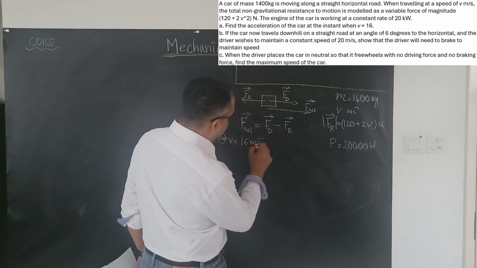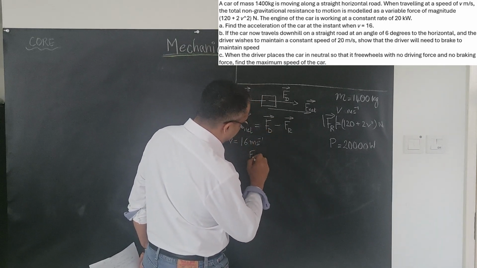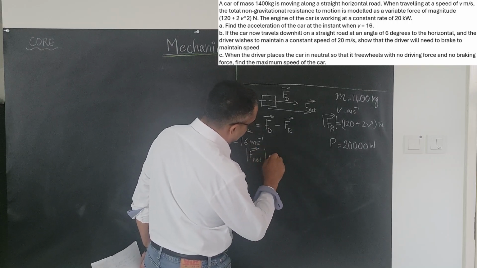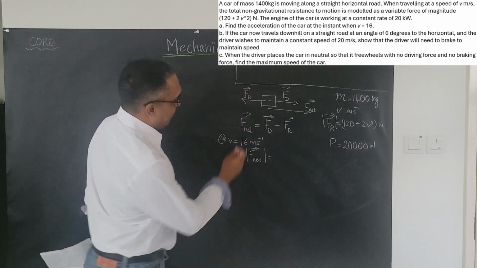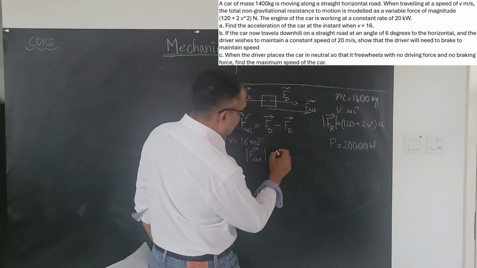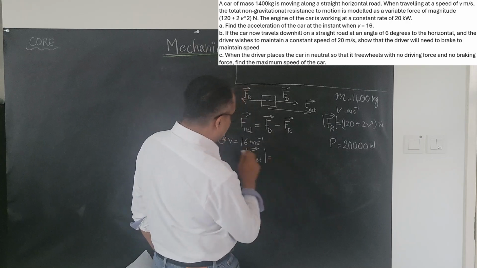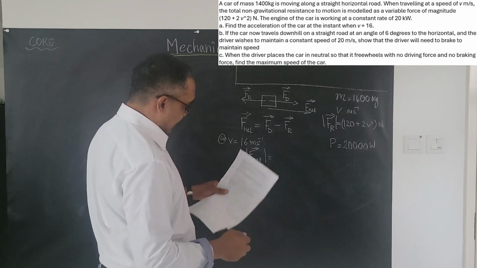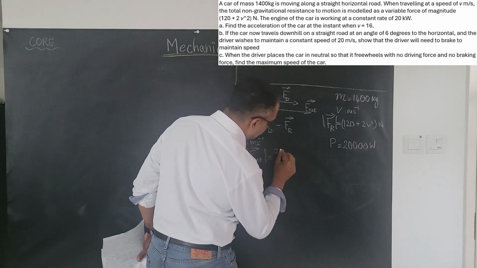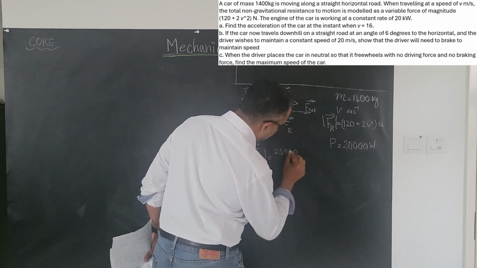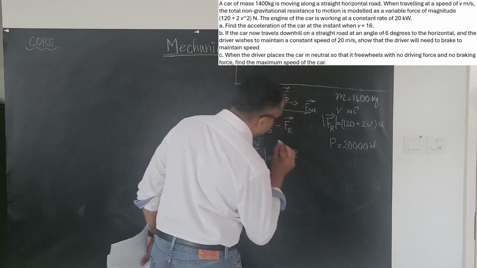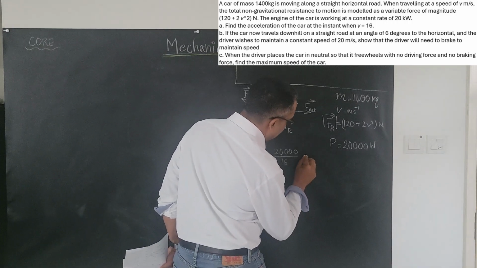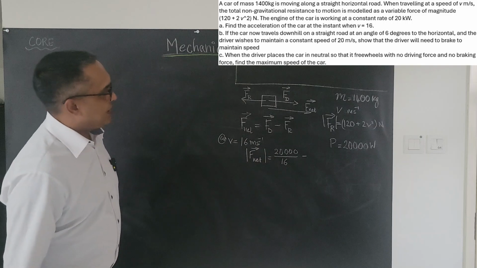I would now write my F net as the magnitude of this. Driving force is nothing but 20,000 divided by, let me go back, make sure I have it right, by 16. That's correct. Okay, minus, what's that force?